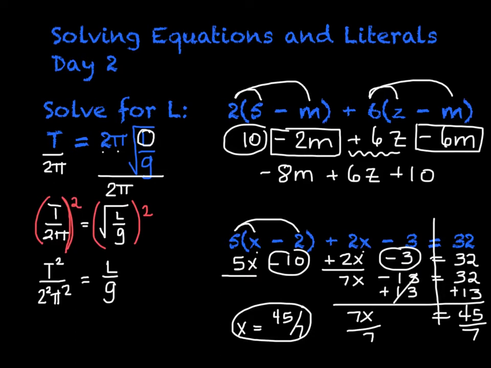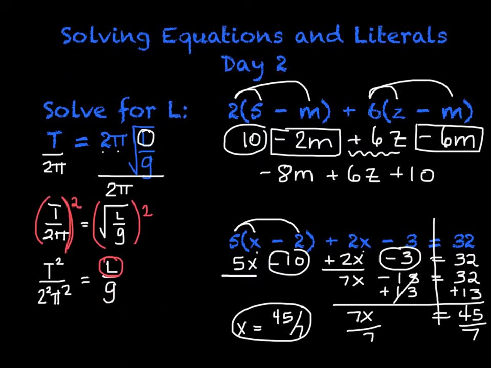I'm still solving for L, so I need to get rid of this g. The g is connected to the L here with division. This is L divided by g. So to get rid of the g, I'm actually going to multiply this whole side by g. The g and the g will cancel.